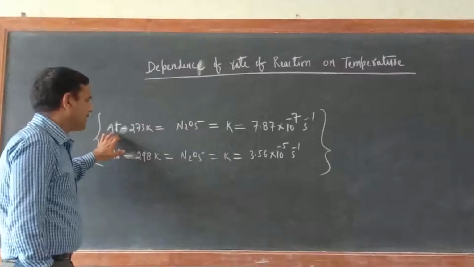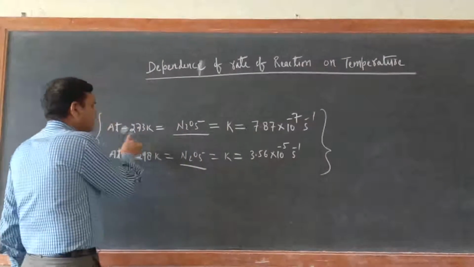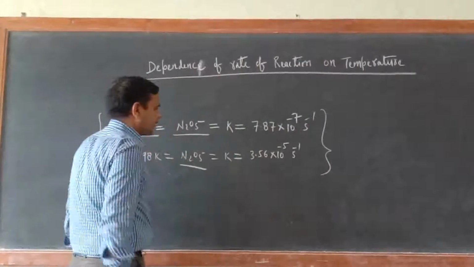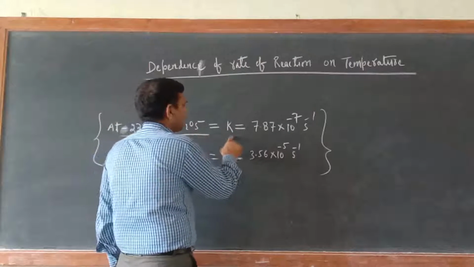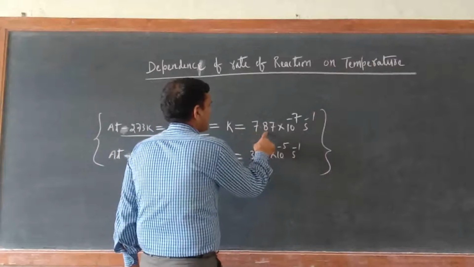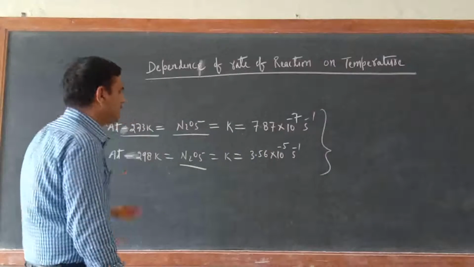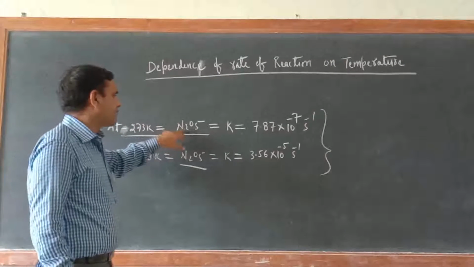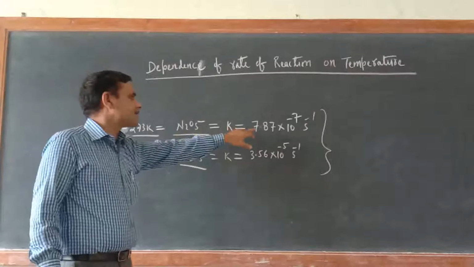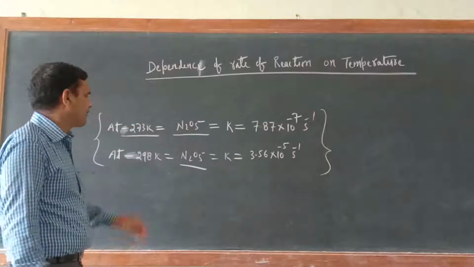There is one experiment which was conducted on N2O5 at 273 Kelvin temperature. The rate constant for the decomposition of N2O5 was found to be 7.87 into 10 raised to the power minus 7 second inverse.